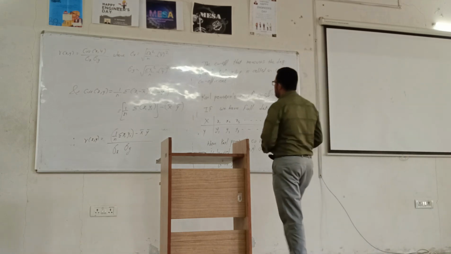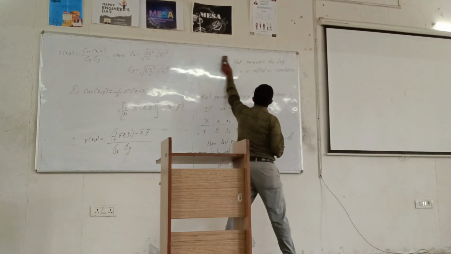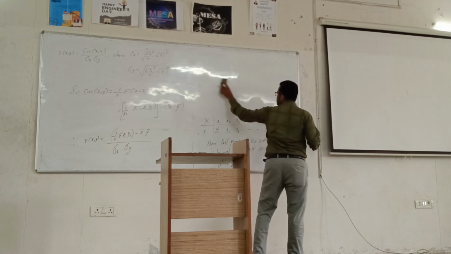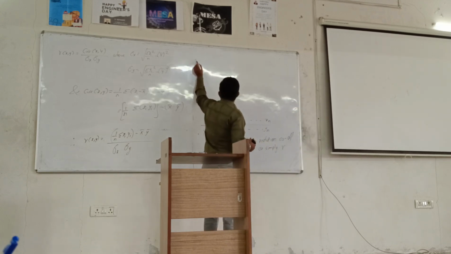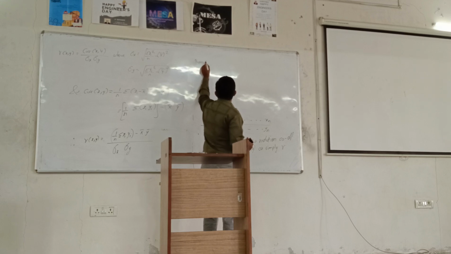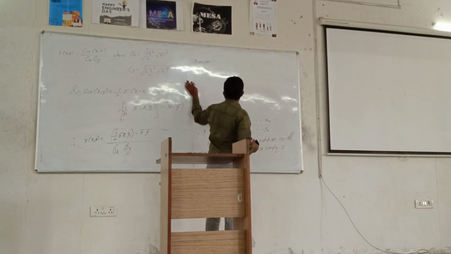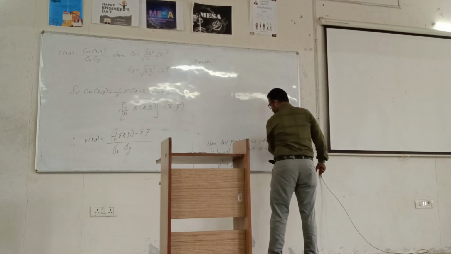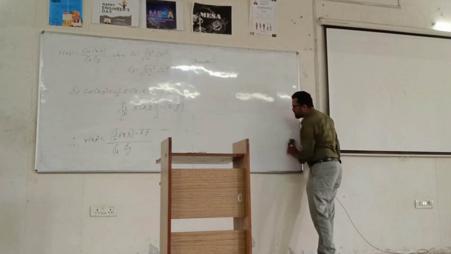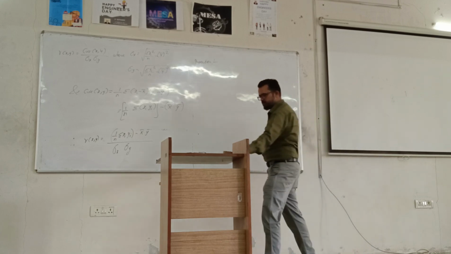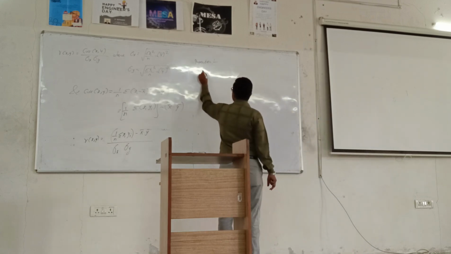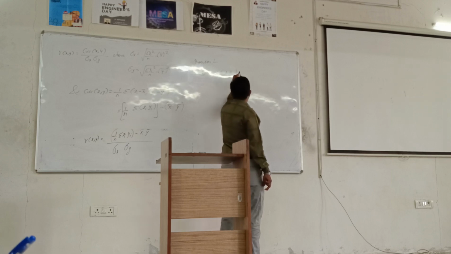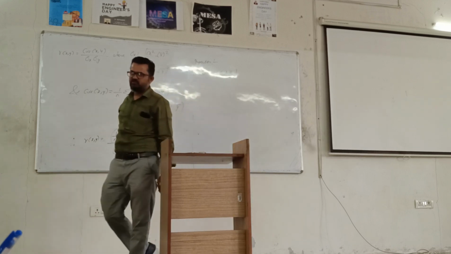Okay, what are the properties of correlation? First one, the range of the correlation coefficient always lies between -1 and 1.